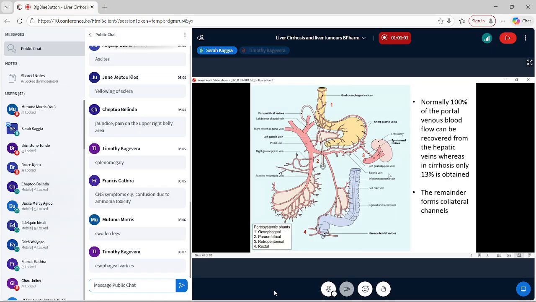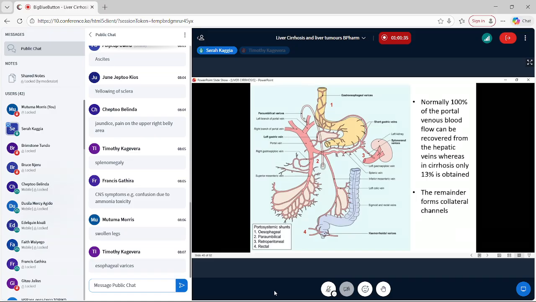Normally, 100% of the portal venous blood can be recovered. This is a portal vein now. Here is the liver, where it gets in, then it goes to the central venule, which is the hepatic vein. All of it can be recovered as it goes to the inferior vena cava in a normal person. But in a cirrhotic person, we'll only get 13% or even lower because of alternatives.